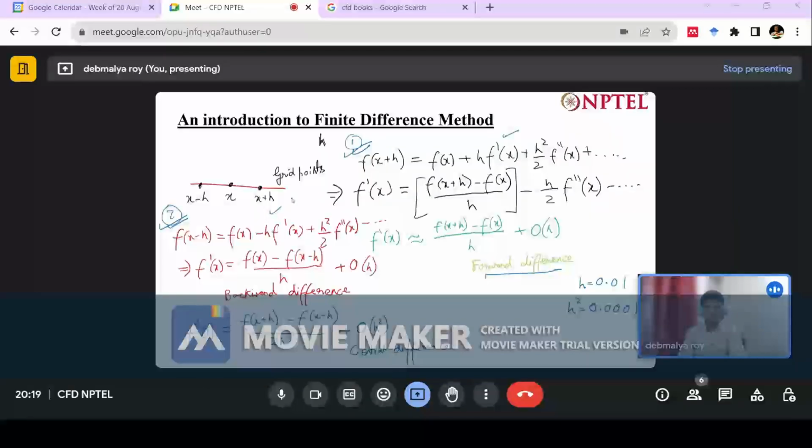The f dash terms will get cancelled, and you will be left with f of x plus h, f of x minus h, and f of x. So you will get a nice equation with the functional values at these points, and you will find out f double dash. So that is basically the whole concept. Okay, if there is any question, please let me know.